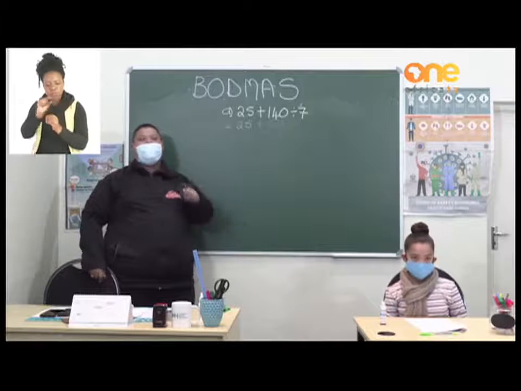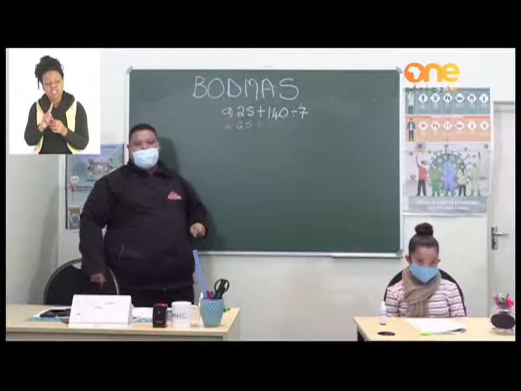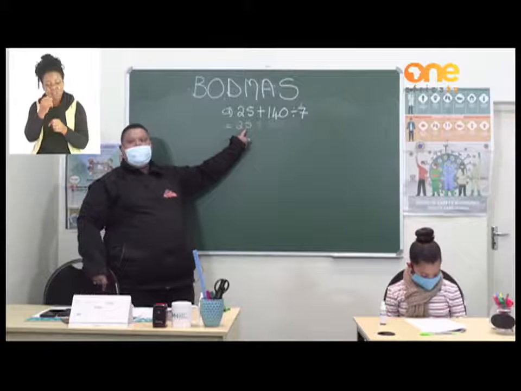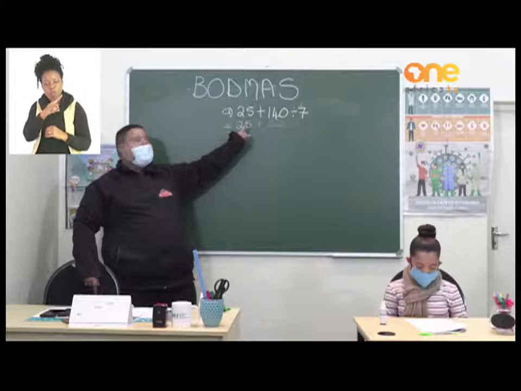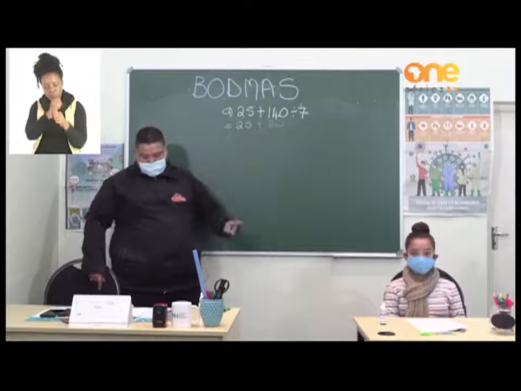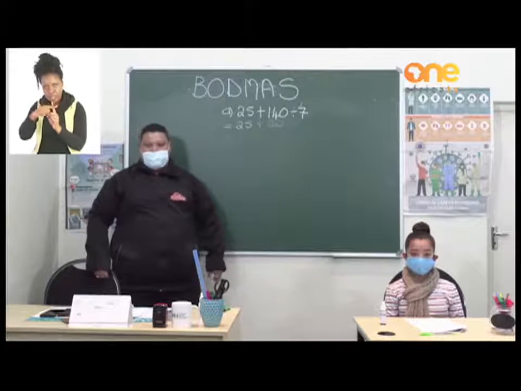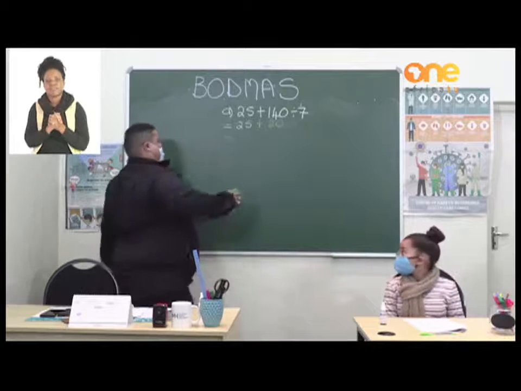What we meant by that was, although we didn't use the 25 in the beginning, we wrote it in the place it was. So we wrote the 25, and then we did the division sum, and then we added the two sums together. Let's try another example on the chalkboard.